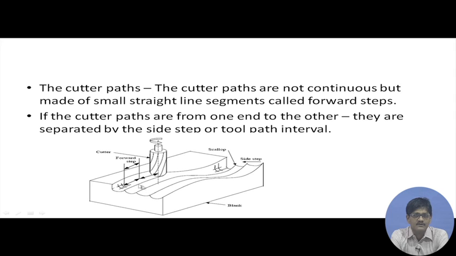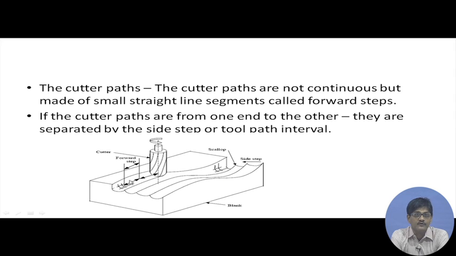So, since we cannot avoid it, we put some nomenclature for that and identify the ways in which we can reduce these undesirable features on the surface. For example, this one is called the forward step. What is this? It represents those straight line segments by which the cutter approximates the curvilinear path.